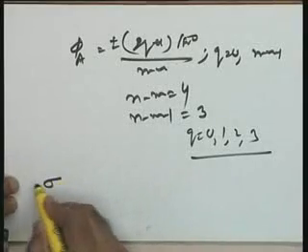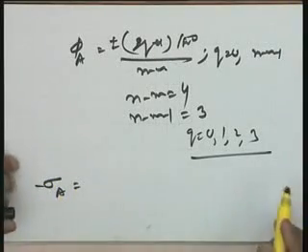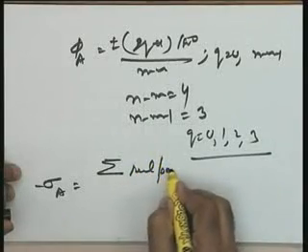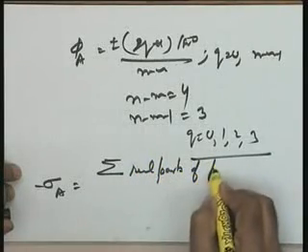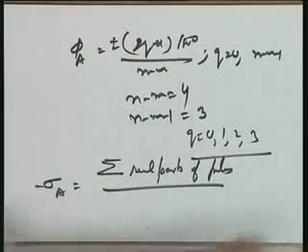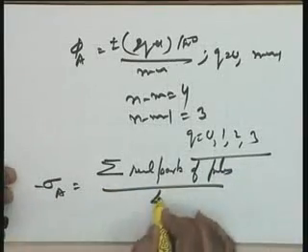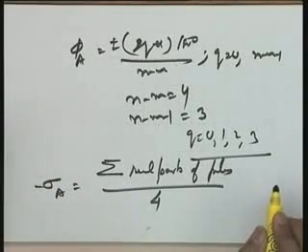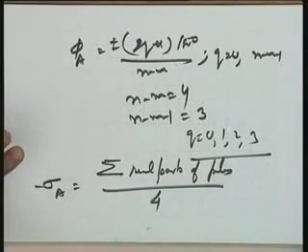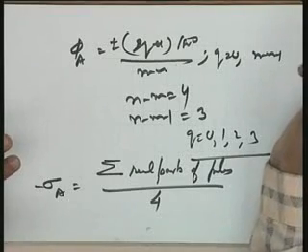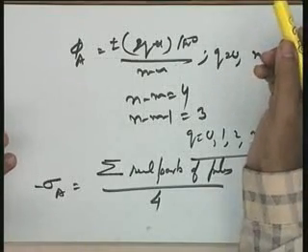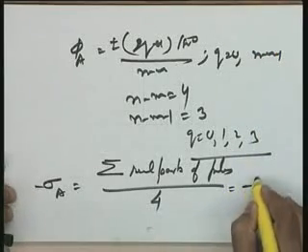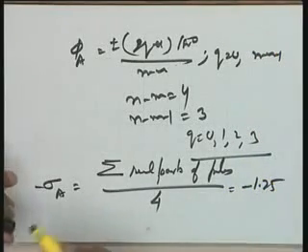Now, let us see minus sigma a, the centroid. This is the sum of real parts of poles; in this case there are no zeros, so let me not write it, divided by 4 poles, n minus m is 4. Now, I will not make an error. Real parts of poles you can check: minus 1, minus 1, minus 3. So, the total is minus 5 by 4, so you get minus 1.25.